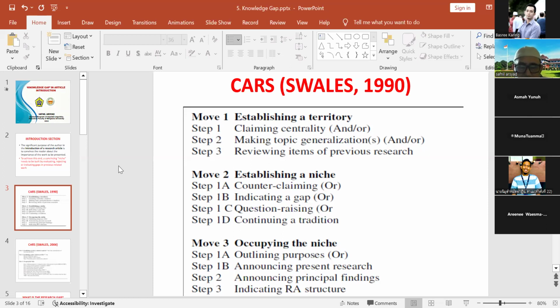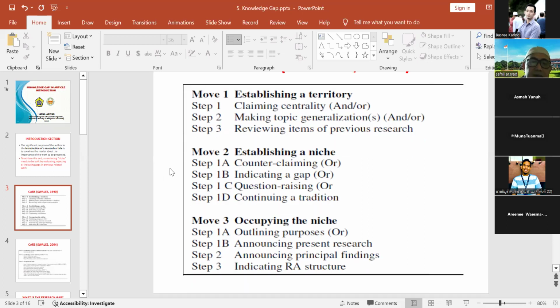So if we intend to write an article to be submitted to an international journal, we have to review articles published in international, good or reputable journals, such as journals indexed by Scopus, by Web of Science, or published by famous publishers such as Taylor and Francis, Elsevier, and so on. So we have to be selective here, not to review just any article relevant to our topic. The journals must be reputable, international journals, if we aim for international journal publication.